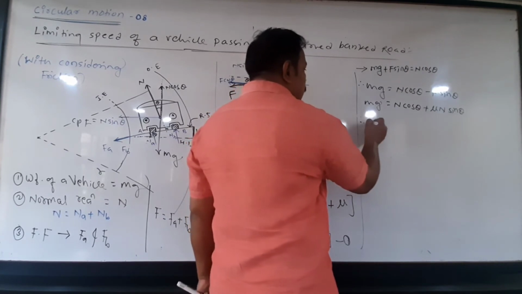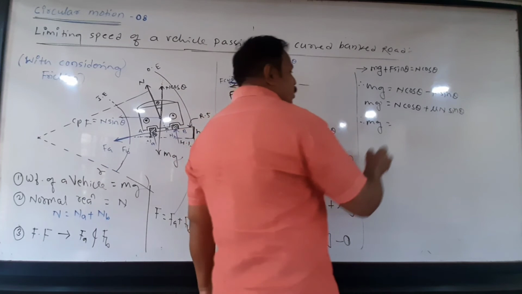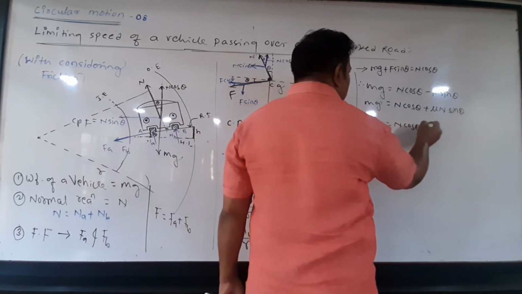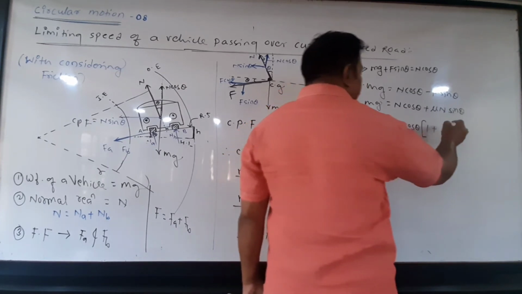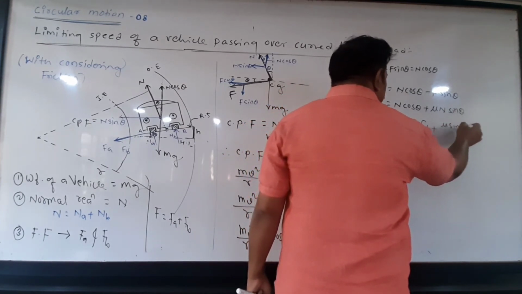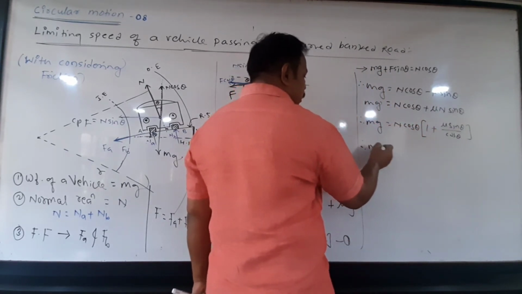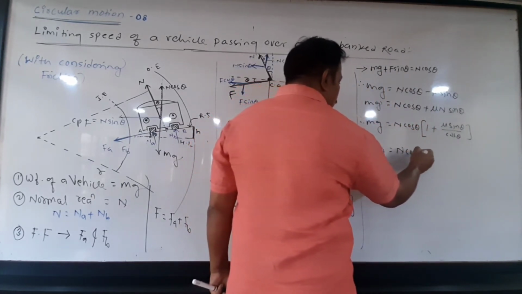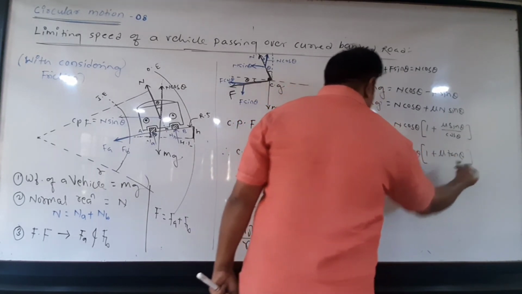Or therefore, mg is equal to, again take this N cos theta as common. Here it is 1 minus mu sin theta upon cos theta. So therefore, mg is equal to N cos theta, here 1 minus mu tan theta.